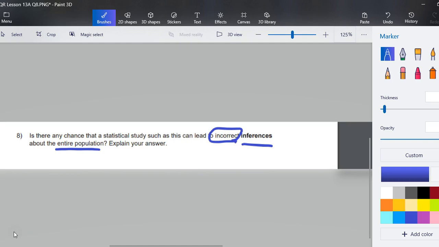And sure, our data is based on samples, not an entire population. So it's very possible that incorrect inferences could result. The samples that we select may not be really representative of each country, and we may not have enough countries in our sample. Lots of things could happen to cause us to have incorrect inferences about our population.